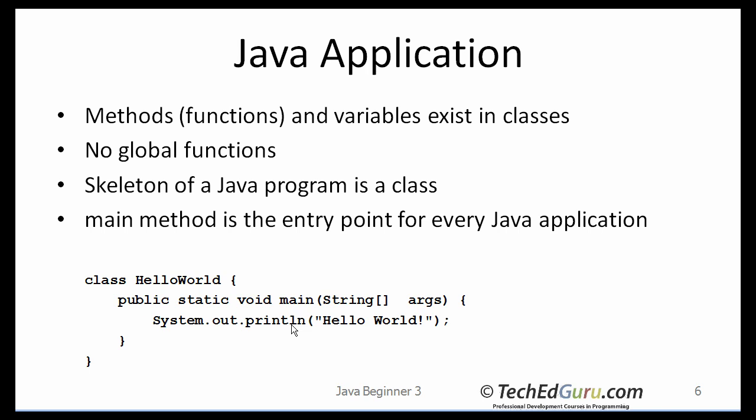Any function that you call is always a member of some class or an object. So in this case, think about the object as System.out or the console, and you are applying the println function on that object, meaning print with a line feed on the console object. So that's the line we want.